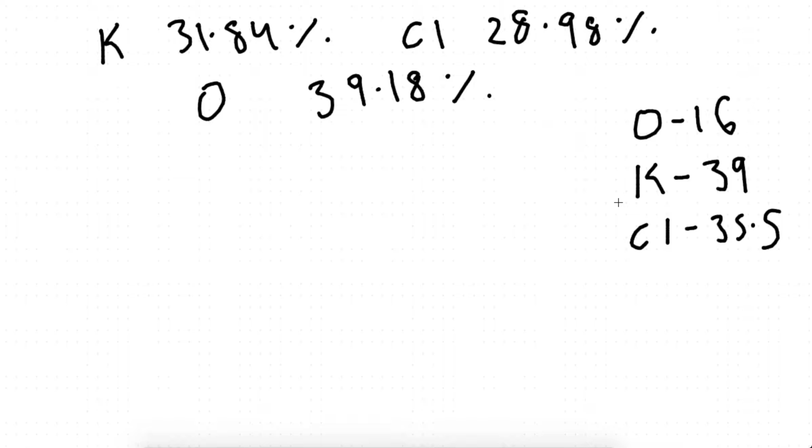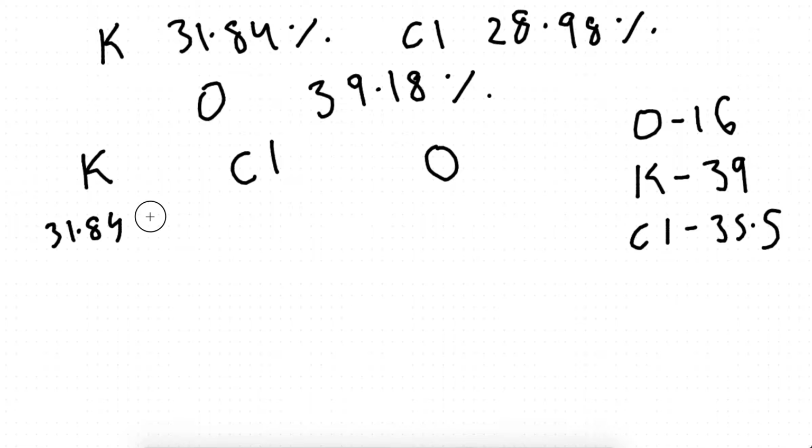It's the number on top of the element. Good. So let's start this. Make the table, write each element down: K, Cl and O. K has a percentage of 31.84%. Cl has a percentage of 28.98%. And O has a percentage of 39.18%.